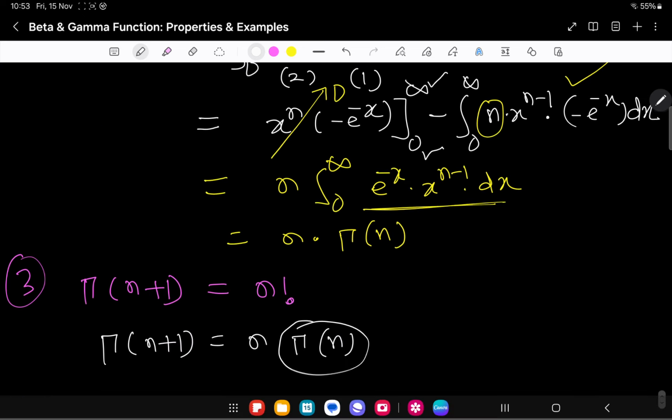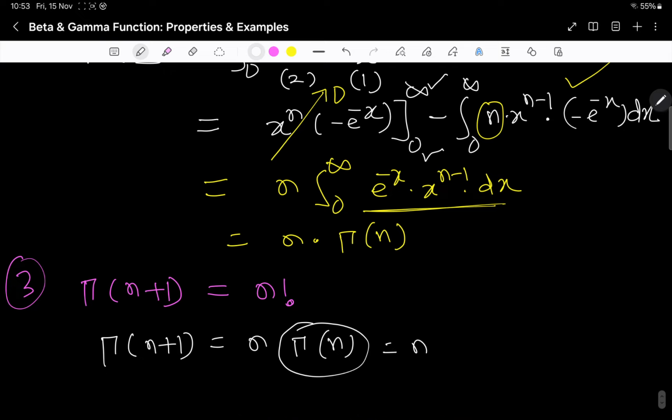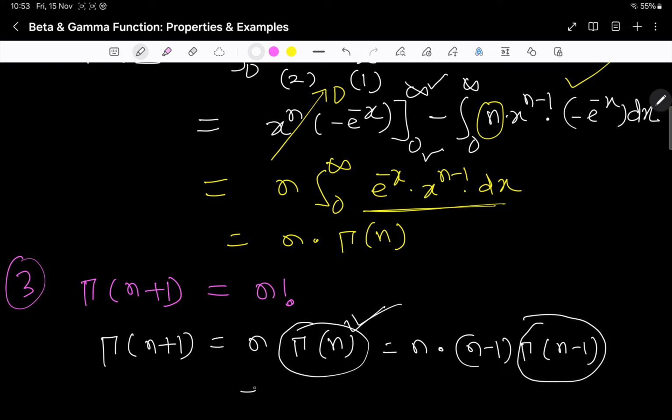So what is gamma n? Gamma n will be n into n minus 1 gamma n minus 1. Again you apply the same property over here. This will be n minus 1, and again n minus 2 and gamma n minus 2.